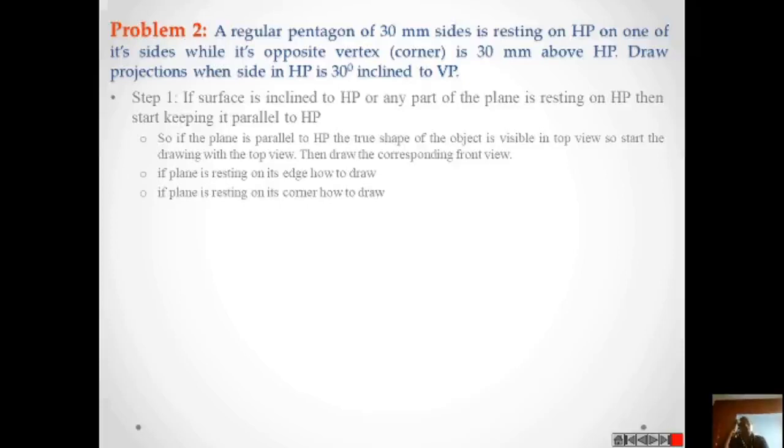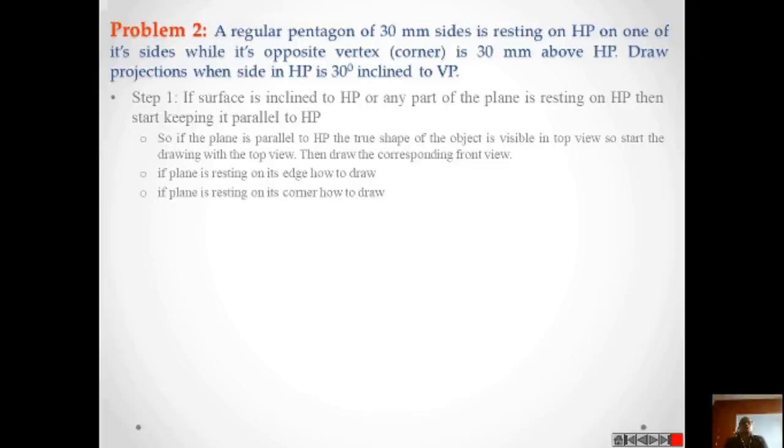Draw the projections when the side in HP is 30 degrees inclined to VP. So, this is another way. Here the inclination of the plane is not given. What have they given? Inclination is mentioned in an indirect manner. We will see how that is.